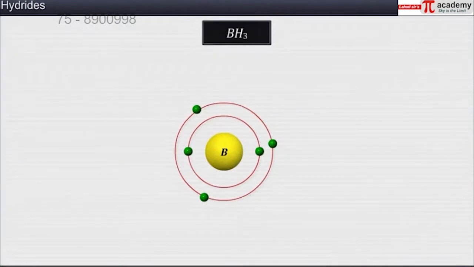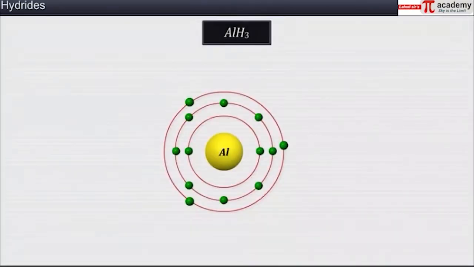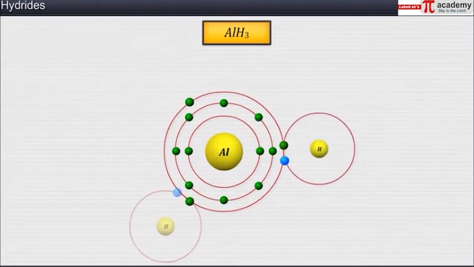For example, in borane BH3, boron has 3 electrons in its outermost shell and forms 3 covalent bonds with 3 hydrogen atoms, resulting in an incomplete octet with only 6 electrons. Another example is aluminium hydride or alane, AlH3.